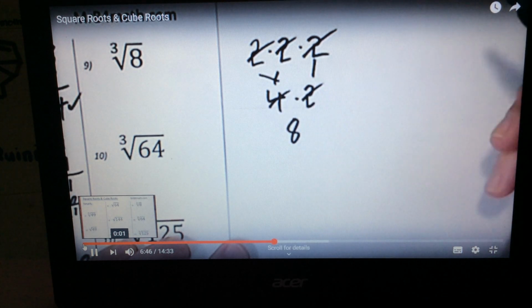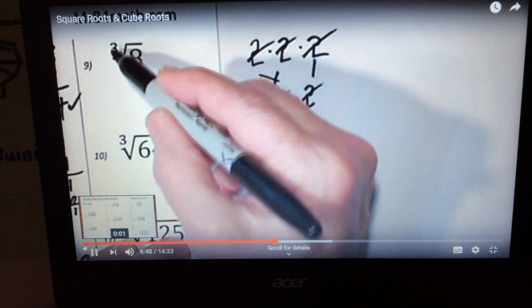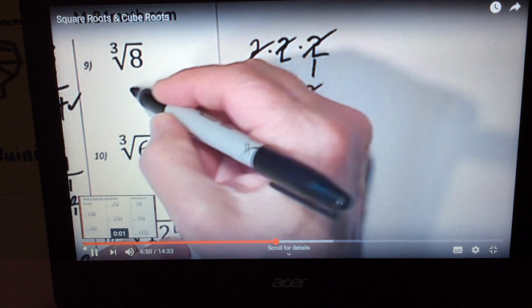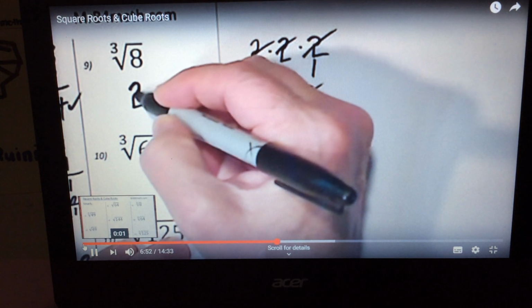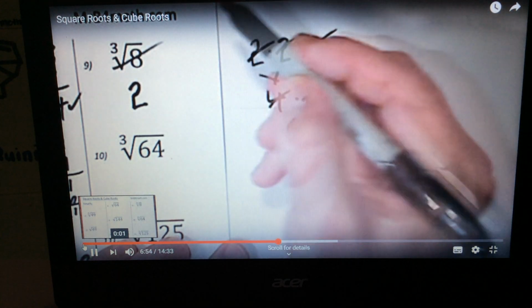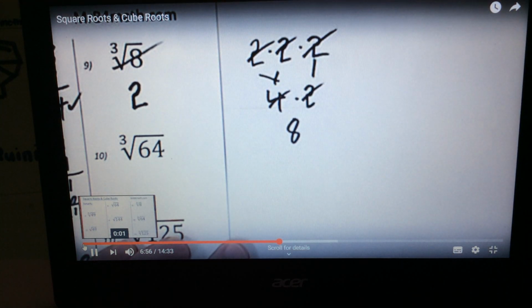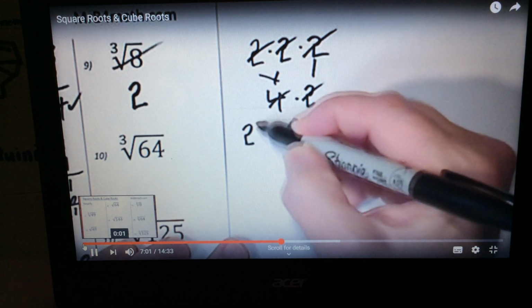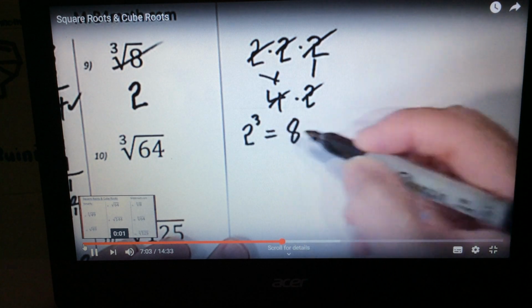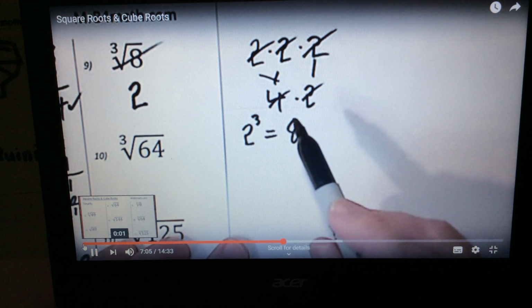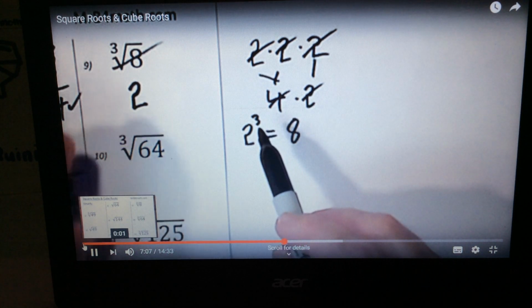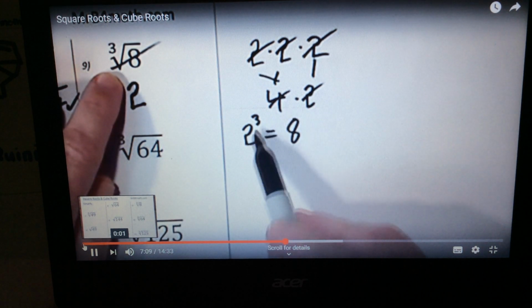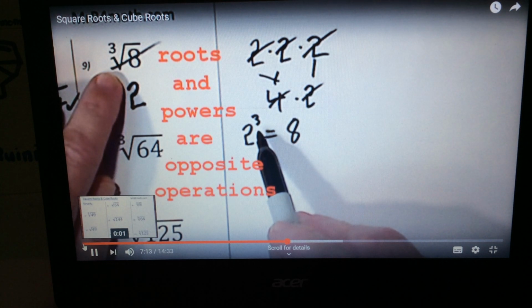So the cube root of 8 is 2. Another way to express this would be 2 to the third power is equal to 8. So notice taking roots and raising to powers are opposite operations.